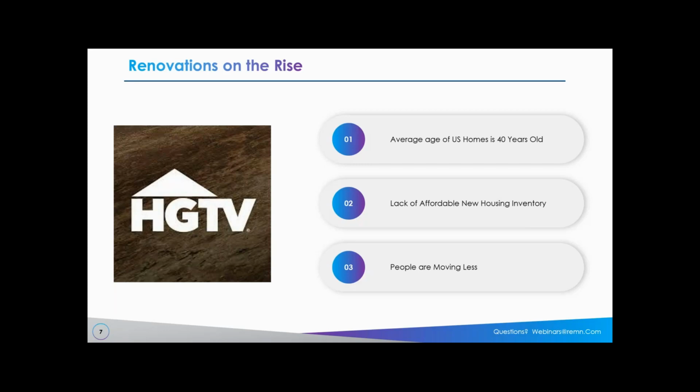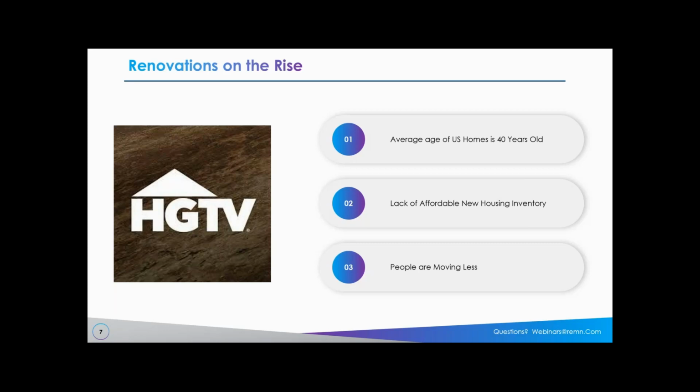A lot of these homes out there are over 40 years old and do need modernization. And right now, in a lot of areas of the country, there's not a lot of housing inventory. So we need a way to fix up our current homes, right? And refinances are huge right now. And again, people are staying home and developing those plans.